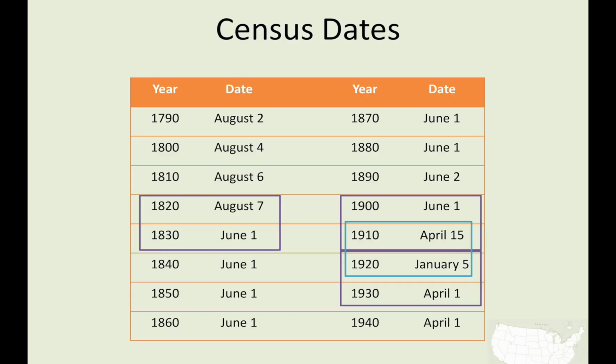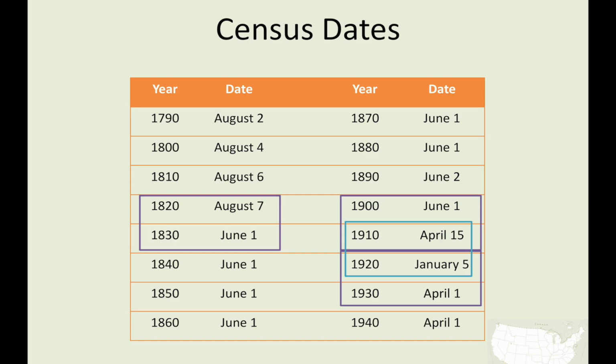Now, we think of the census in our lifetime as April 1st, census date, because for most of us between 1930 and 2020, it's always been on April 1st, but it was not always on April 1st. And I have some sets of dates circled here just to show you that a lot of times it was not even exactly 10 years apart.